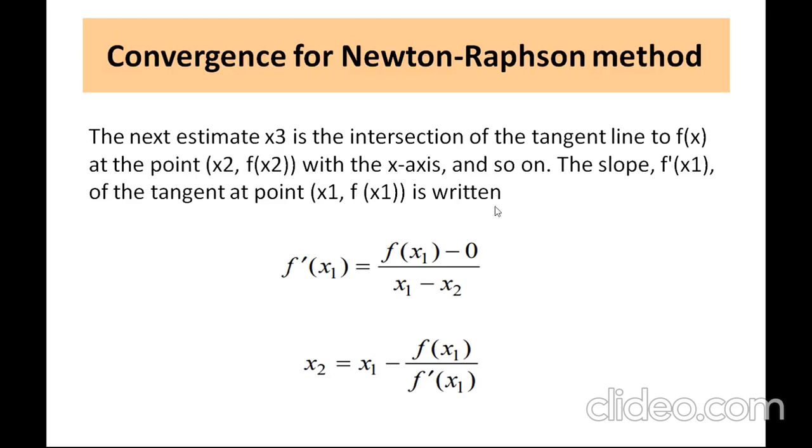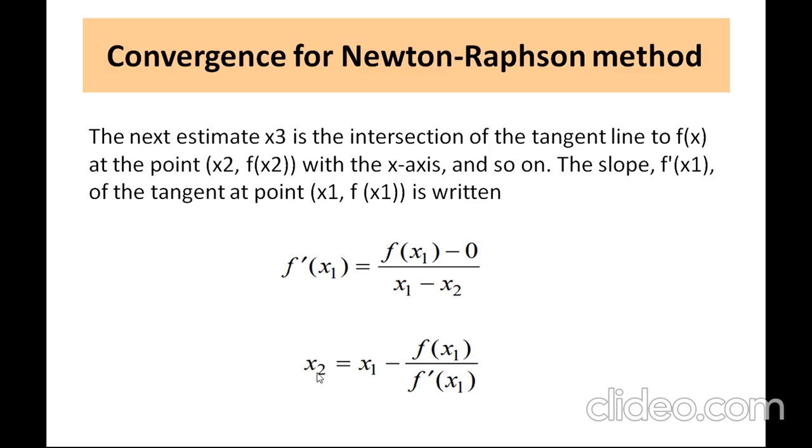If you rearrange this equation, you will get x2 is equal to x1 minus f of x1 upon f dash of x1. This is the formula for the Newton-Raphson method.